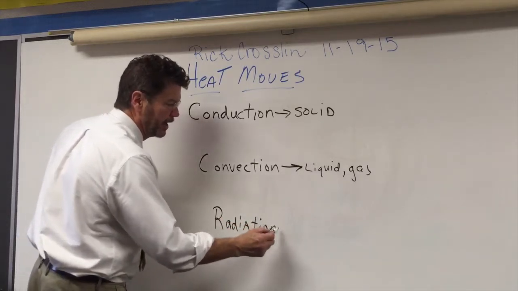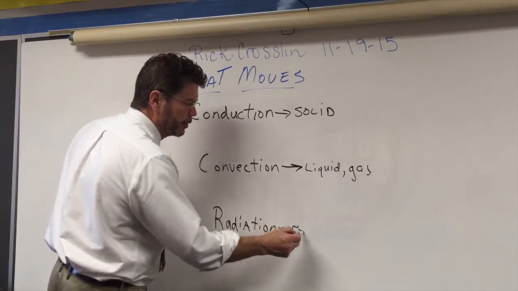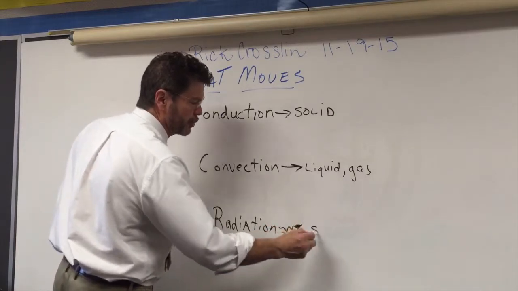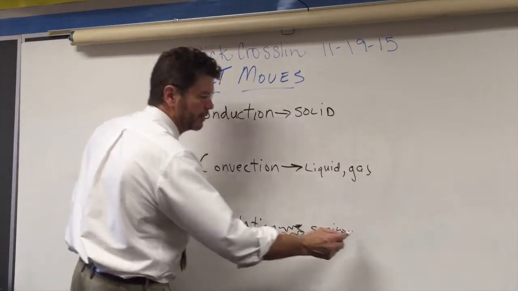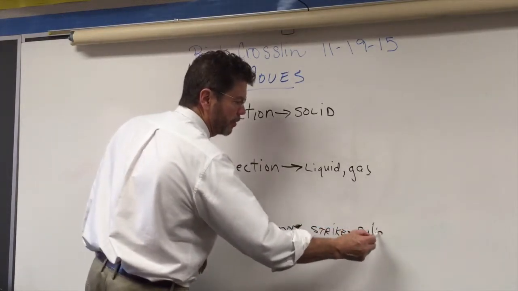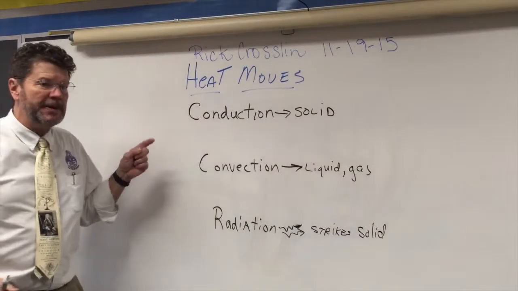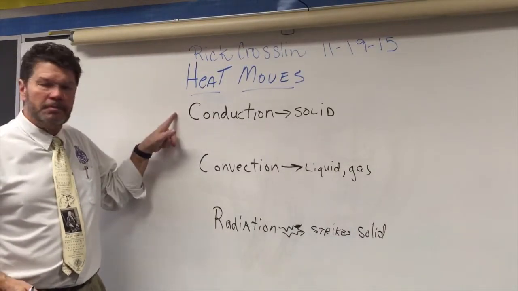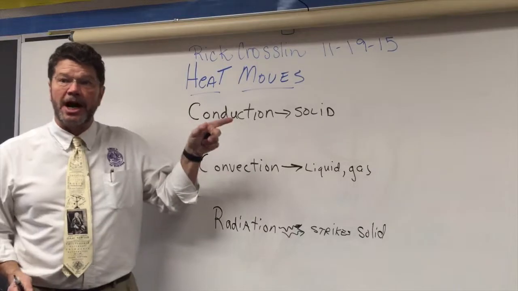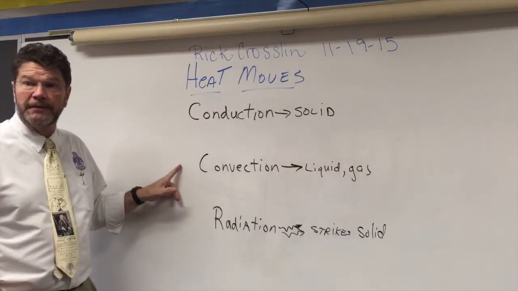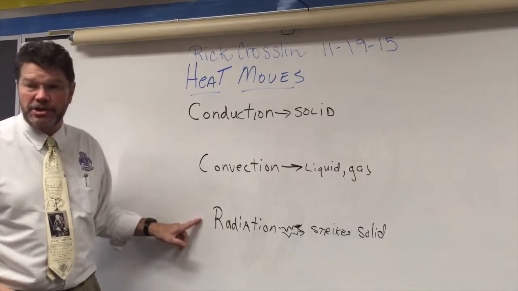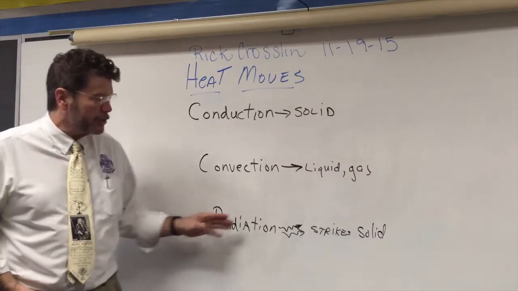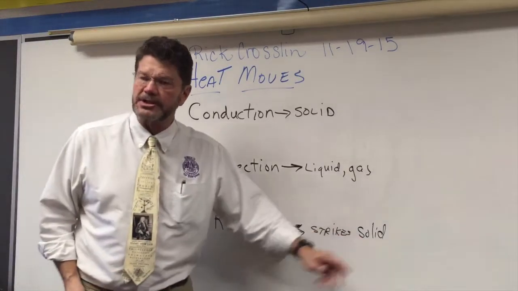And that's when heat goes through empty space and strikes a solid. So, repeat after me: conduction, which is for a solid; convection, heat moves through a gas or a liquid; and radiation, it goes through empty space and it strikes a solid.